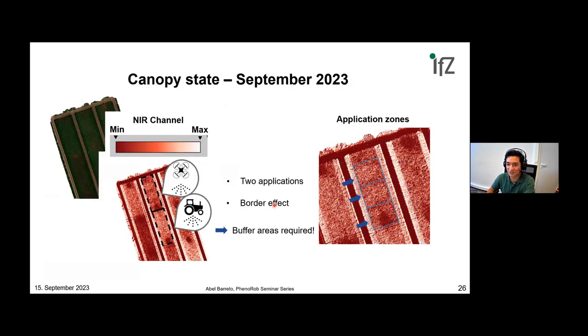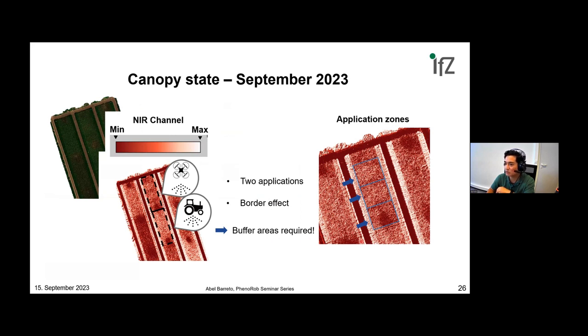and the results were, as you can see here, this is the near channel of the experiment, and here is our repetition, 1 repetition with the drone and 1 repetition with the tractor. And I don't know if you realize some lines here. White is leaves or canopies less stressed, red is more stressed.